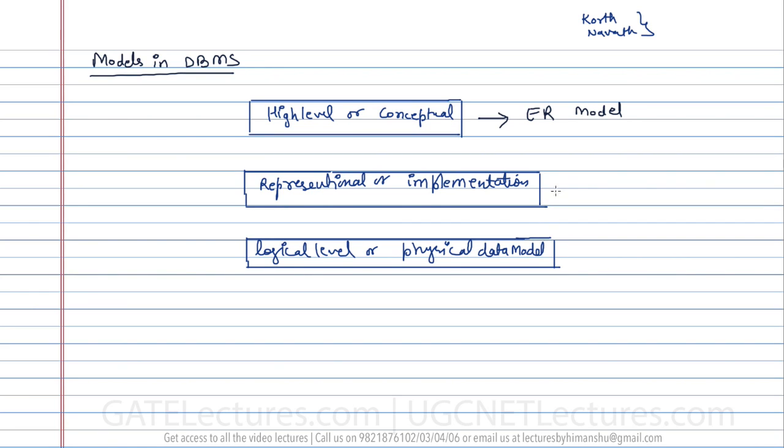When we say representational or implementational model, we are mostly going to discuss relations. And when we say logical level or physical level, we are going to discuss the actual physical storage of the data, or how the database is stored in memory, or the underlying data structure which we are using.